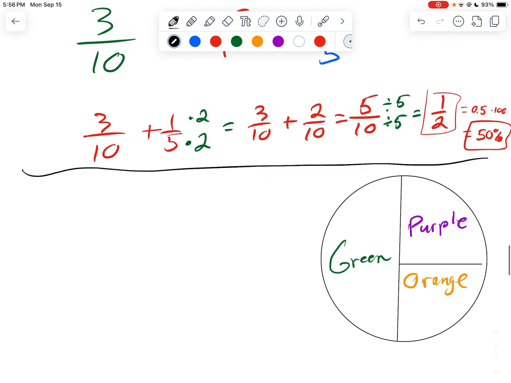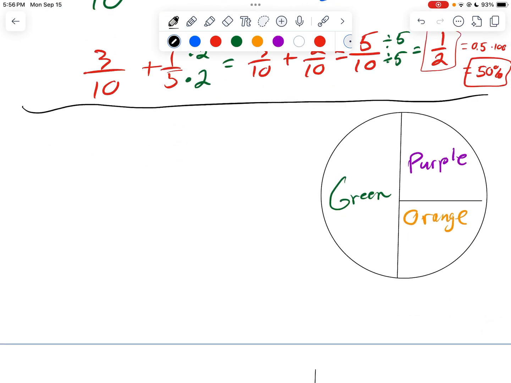Okay. In this diagram here, they want us to, if you were to spin the spinner at the right, what would be the probability of landing on the green or purple? So let's see here. We got green or purple. Okay.